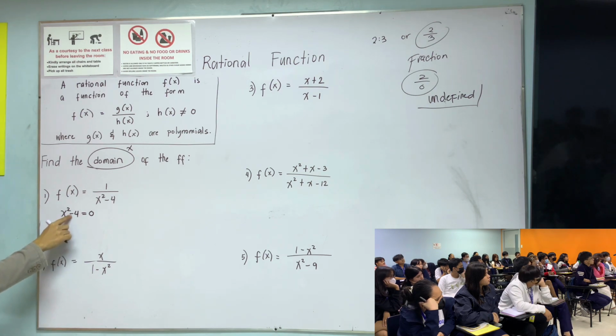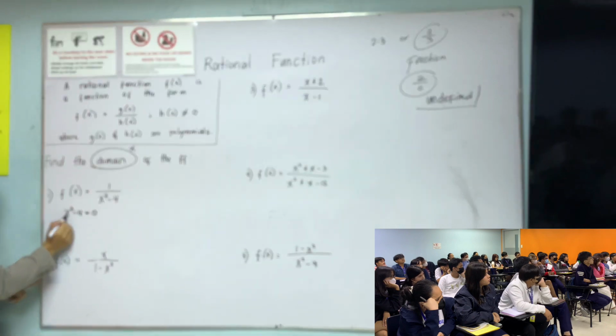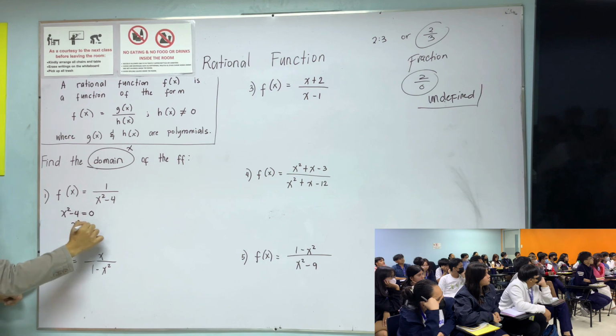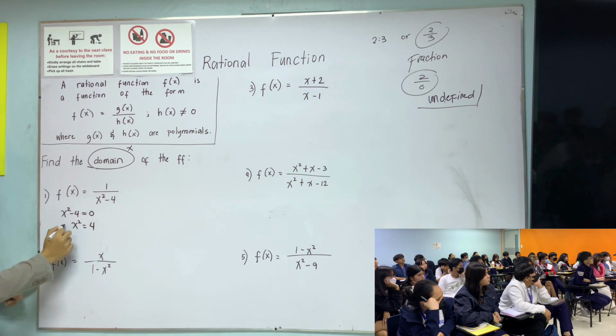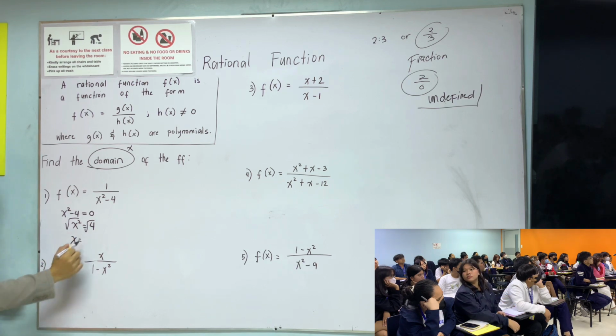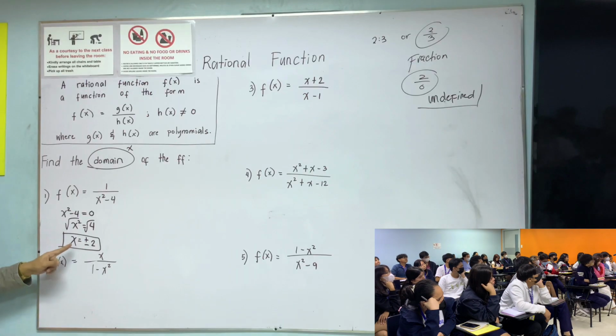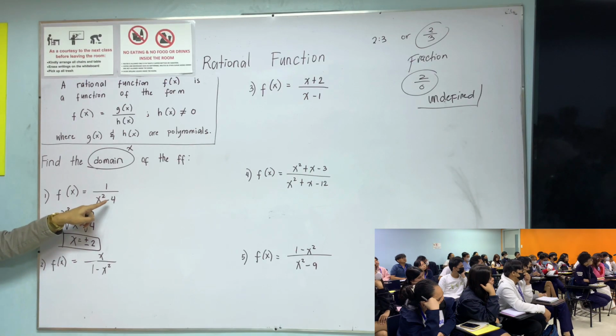Okay, dito, extracting the square root pwede, right? So, kasi perfect number. So, x squared is equal to 4. Now, get the square root. X now is equal to positive, negative 2. Okay? Yan yung value ng x ngayon na magiging 0 si denominator.